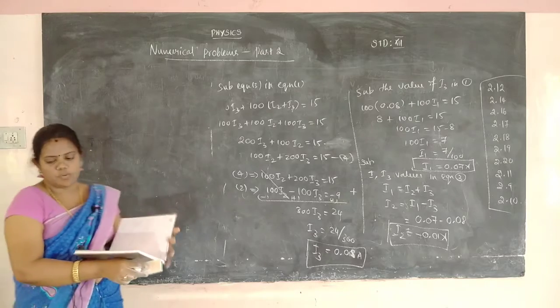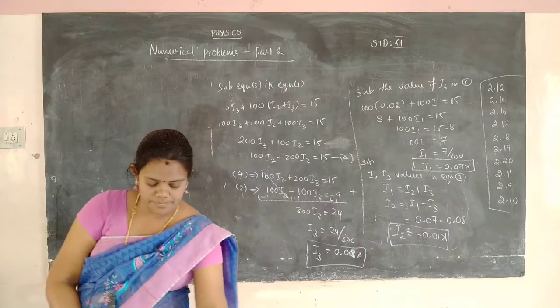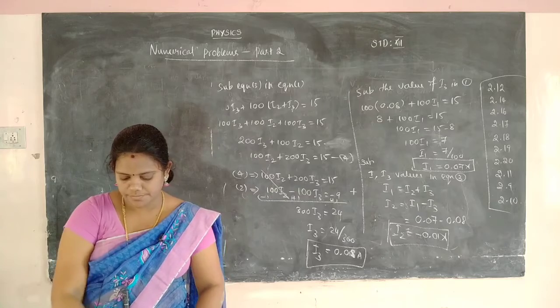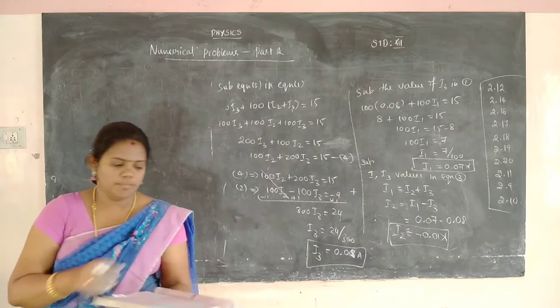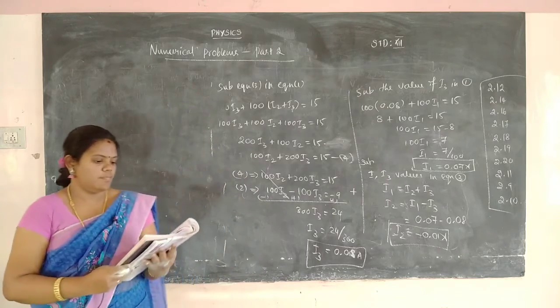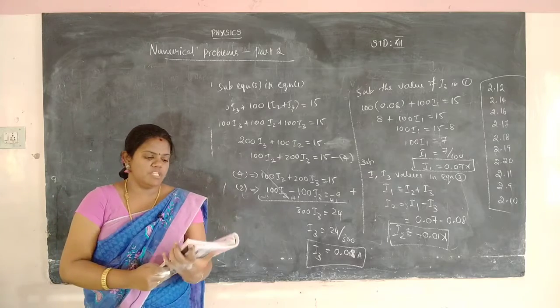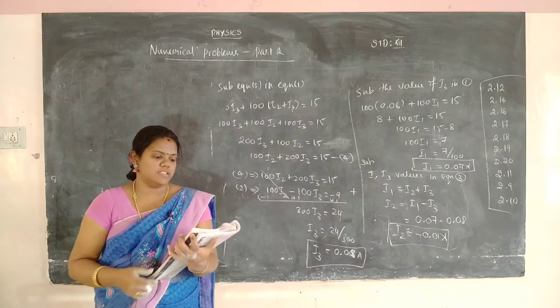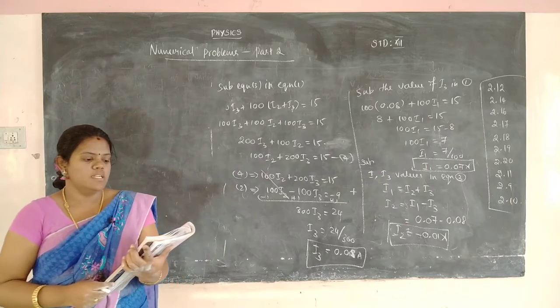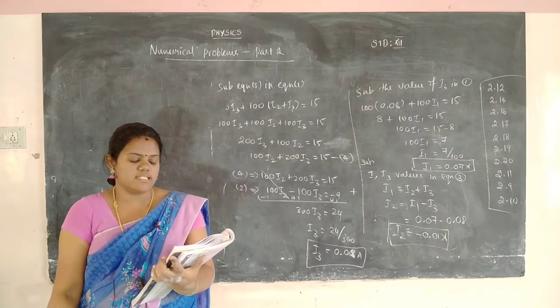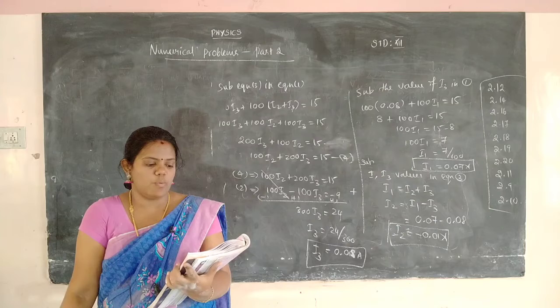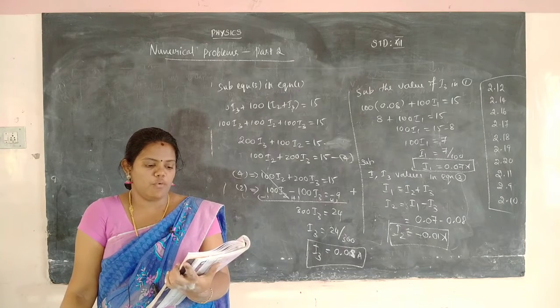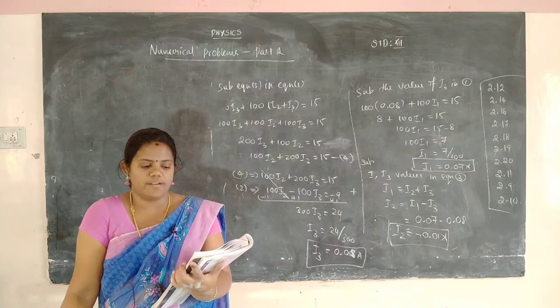Next problem. What's the next problem? That is the 10th problem. A potentiometer wire has a length of 4 meter and resistance of 20 ohm. It is connected in series with a resistance of 2980 ohm and a cell of EMF 4 volt. Calculate the potential along the wire.